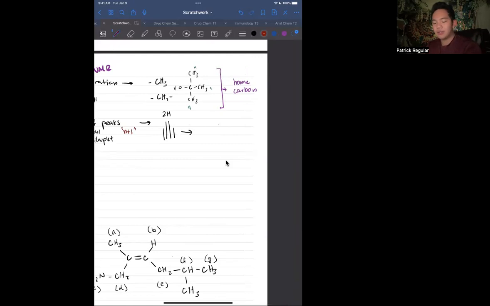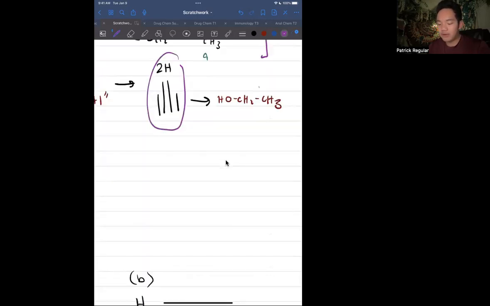If I were to draw this example, let's do OH, CH2, CH3, ethanol, something we all love. This carbon right here, 2H, so the home carbon has 2 hydrogens on it, and its adjacent carbons have 3 hydrogens because n+1. Because if you have 4 peaks, I count 4, 4 equals n+1, where n equals the number of hydrogens that are on the adjacent carbons.